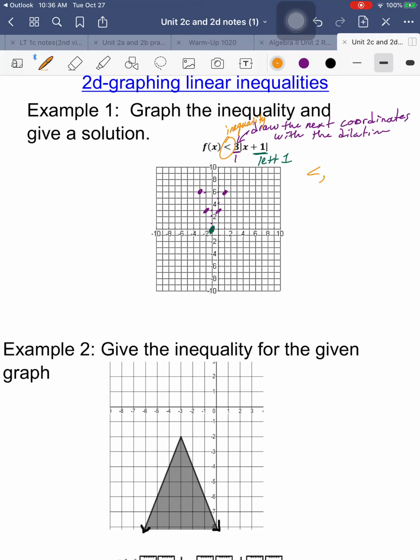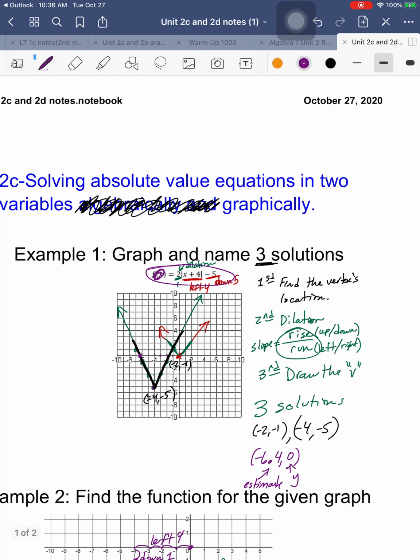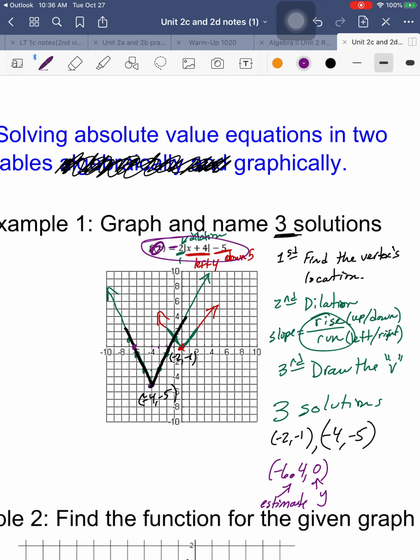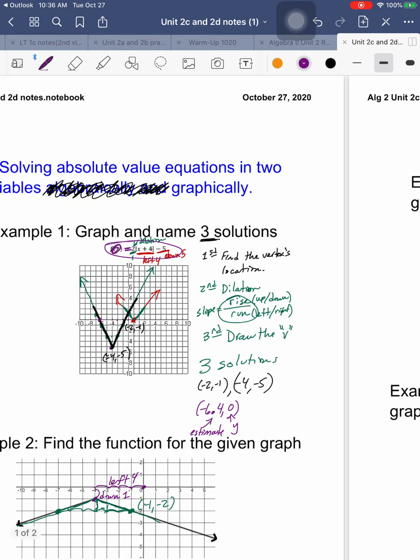If it is a less than or greater than, so no equal to, it's a dashed line or a dotted line. If it's less than or equal to or greater than or equal to, so it's all about the equal to, that is a solid line. Think back to the last graph, or last page, these are equal to, so it's a solid line.